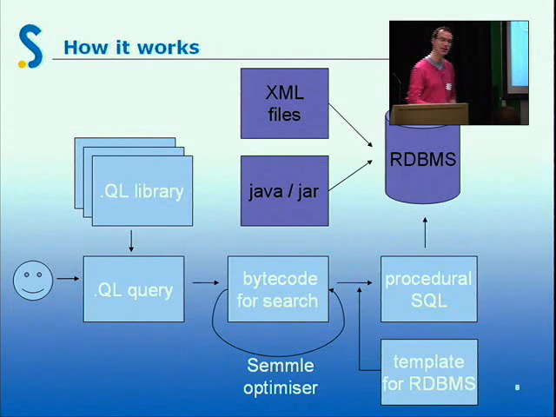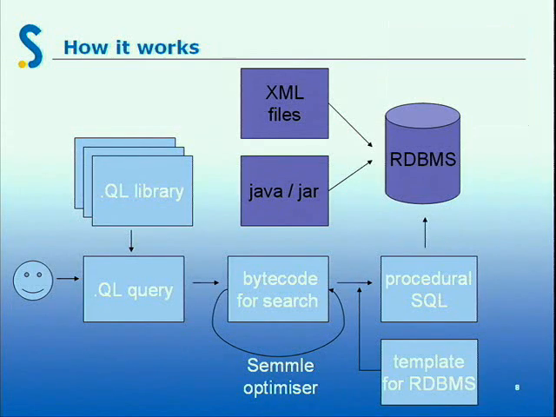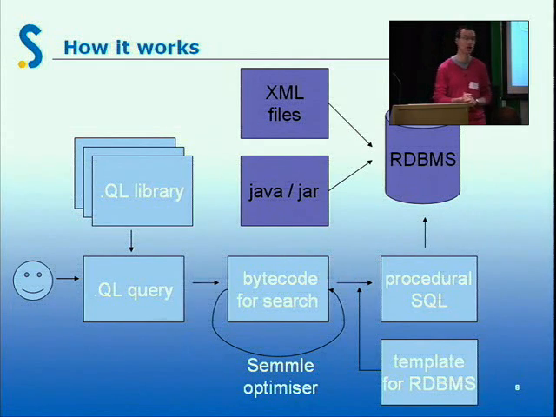So here is a picture of how it works, of the internals of our Eclipse plugin. The happy chappy on the right-hand side is a developer. The developer writes a .QL query using one or more .QL libraries, typically depending on what kind of thing he would like to query.